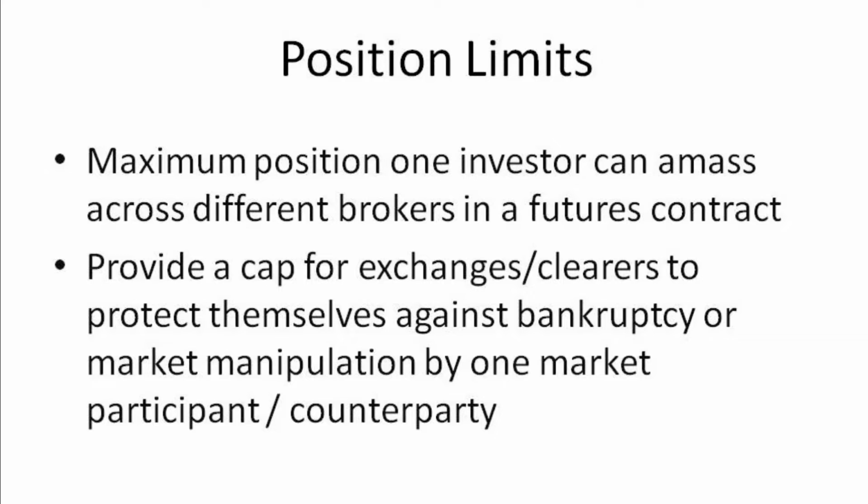It used to happen quite a lot in the old days. These are in place in order to protect exchanges and clearing houses against bankruptcy and to protect investors against market manipulation by one big trader. So that's position limits, which are different to price limits, and it's important that you know the difference between those two things.